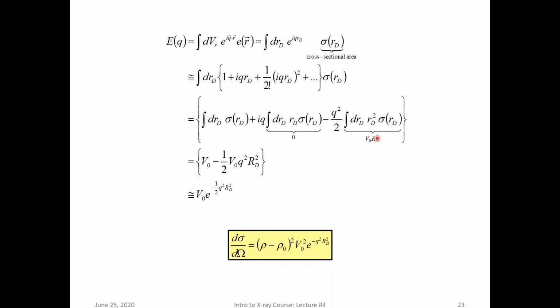The third one gives me the square term here. So when I integrate all this together, this now looks like the first terms in the expansion of a Gaussian. So I can expand my whole thing into a Gaussian, whose size is the size of my object. And so my scattering cross-section ends up in this beautiful little Gaussian type of form for the small angle scattering.